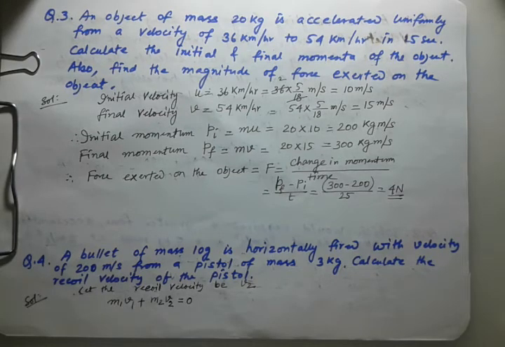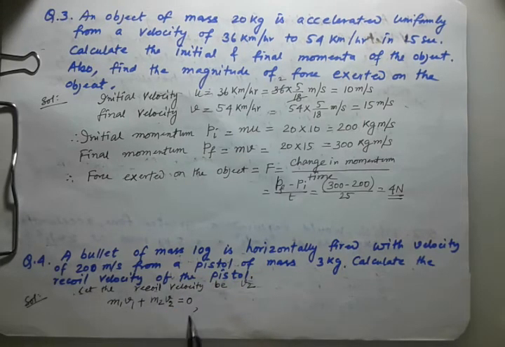This is after firing. Before firing it will be 0, because the pistol and the bullet will be at rest. So (m1 plus m2) into u is 0, because initially the pistol and the bullet were at rest.